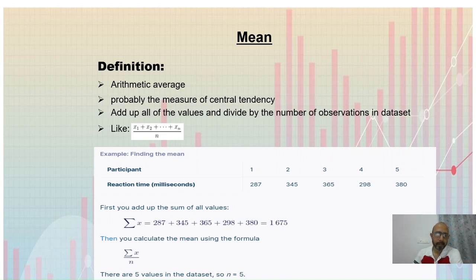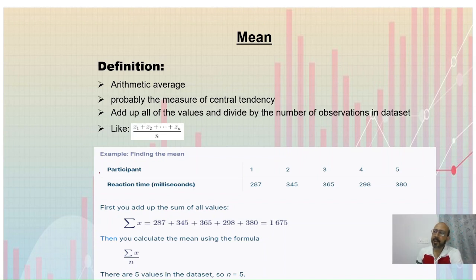Here x1, x2 up to xn are the values, and n is the number of observations in our dataset.